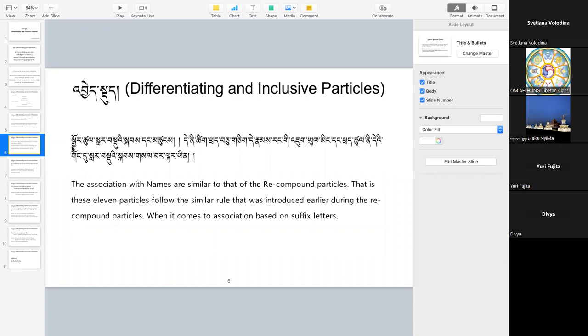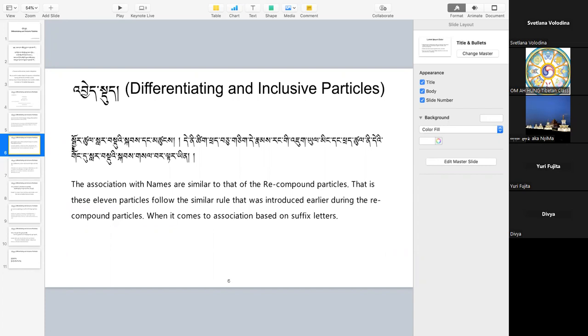Okay, so the association with names is similar to that of the recompound particles, and that means that these 11 particles follow the same rule that was introduced during the recompound particle, meaning whatever rules were introduced during the recompound particle, because the recompound particle is the first particle of the dependent particles.